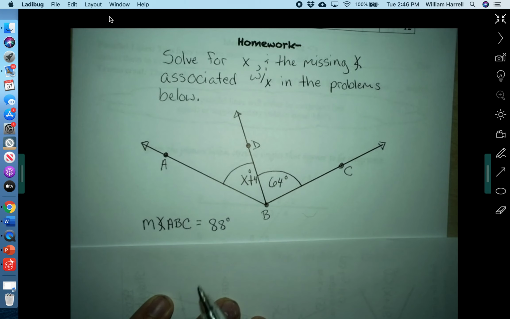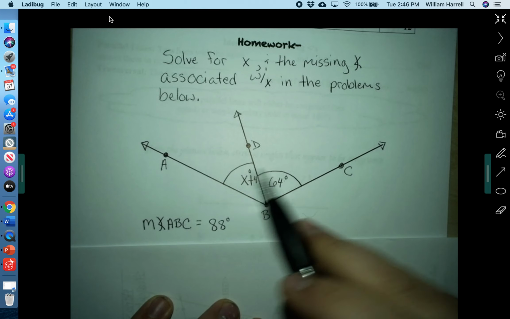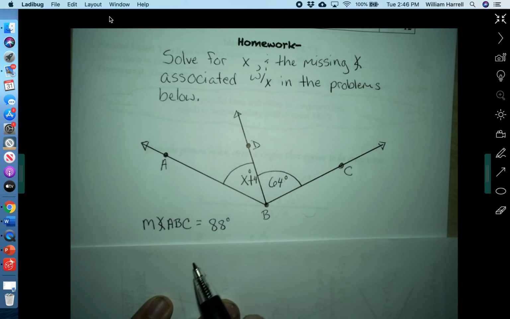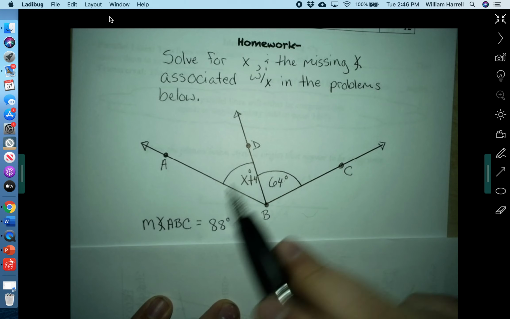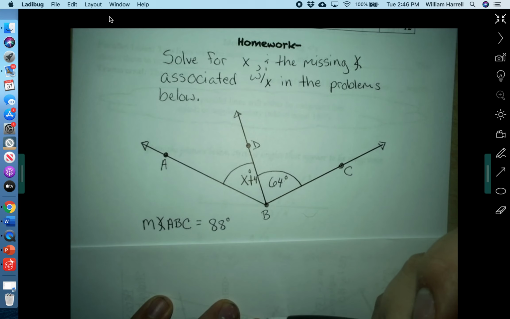This is a picture of adjacent angles because this and this are beside each other. There are not two straight lines. It's all rays. Also, they're beside each other, and they fit the definition for an adjacent angle.